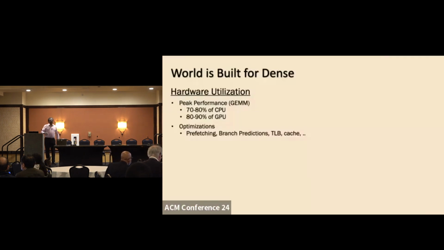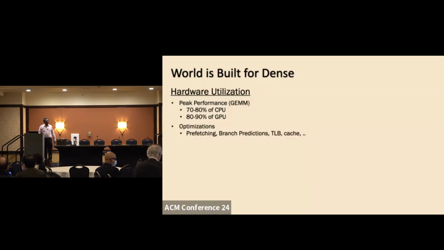If you look at the world, what we have built over the last 50 years, we have built a world for dense. If you look at things like hardware utilization, if you do something like matrix multiply, we can get top roofline performance, 70, 80, 90% utilization of hardware. Why? Because over the last 50 years, we have invented so many cool hardware features just looking at dense data structures.